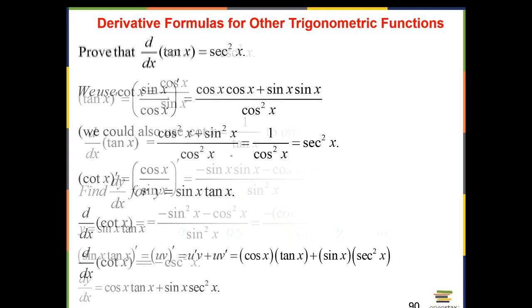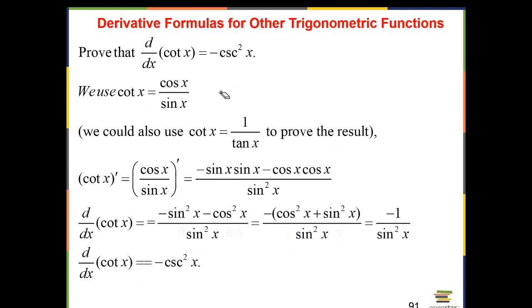All right. Can we prove that the derivative of cotangent is negative cosecant squared? Yes. Write cotangent as cosine over sine. Again, it is u over v, right? And the derivative of u over v, of course, is u prime v minus uv prime over v squared. And if you substitute the right expressions here, you can easily prove it.